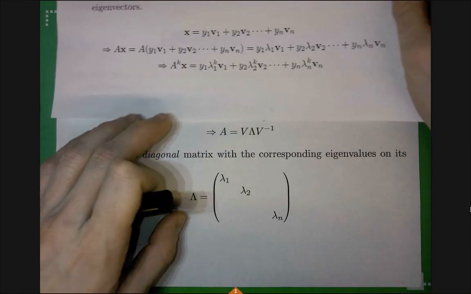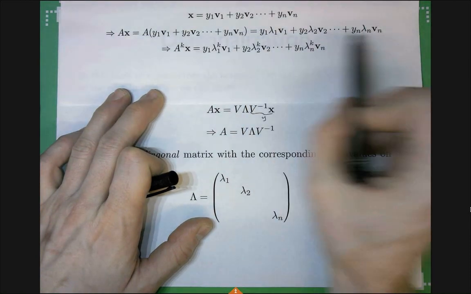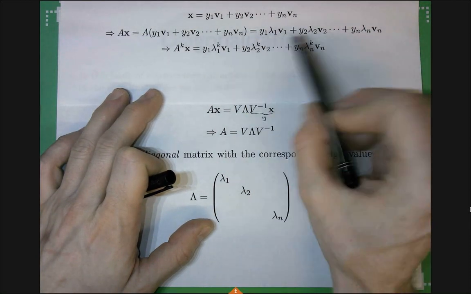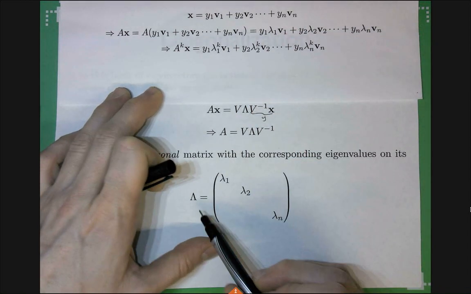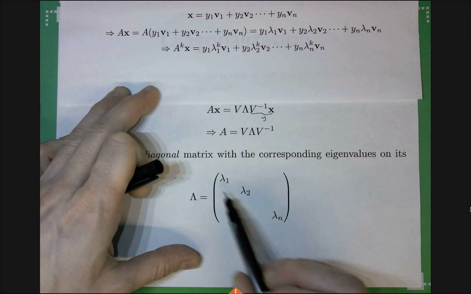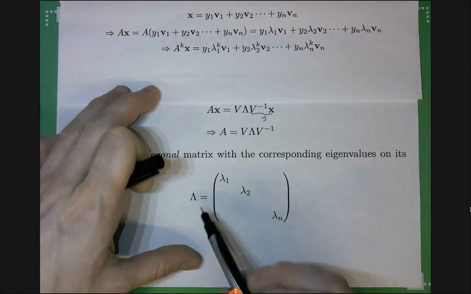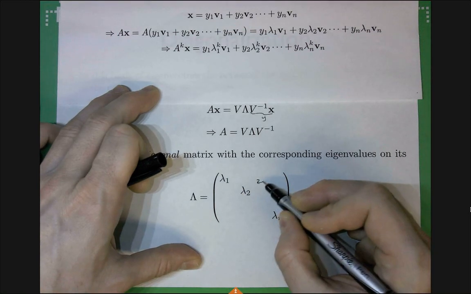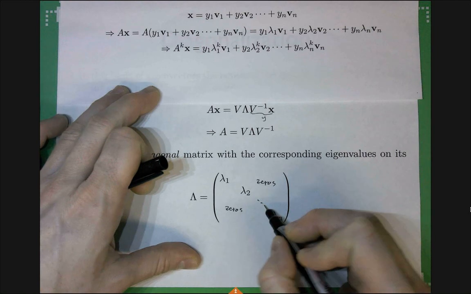One way we can look at it is by looking at this formula here: first getting the y's, then scaling them by the lambdas. Here I defined a diagonal matrix lambda which has the eigenvalues on its diagonal. It's again an n by n matrix, everything here is zeros, and here are the eigenvalues on the diagonal.